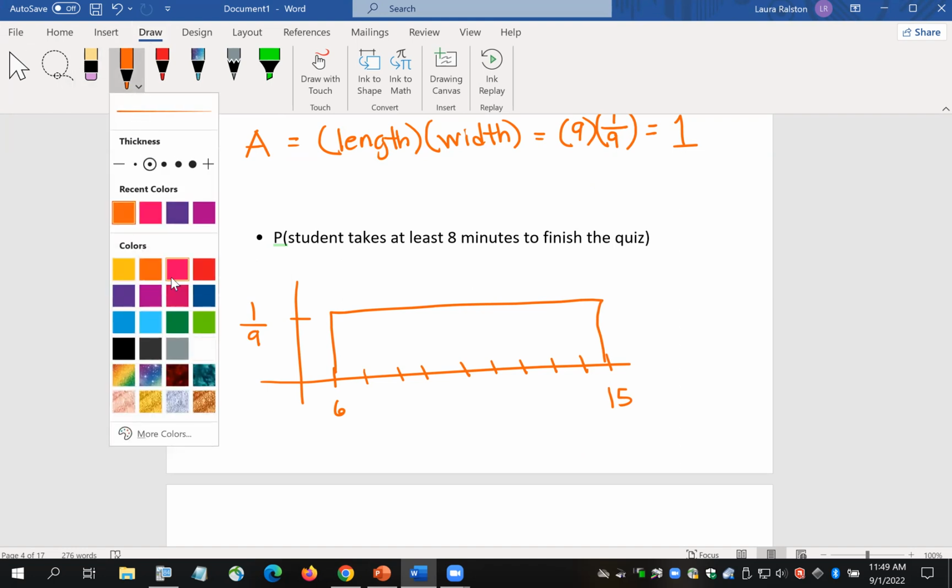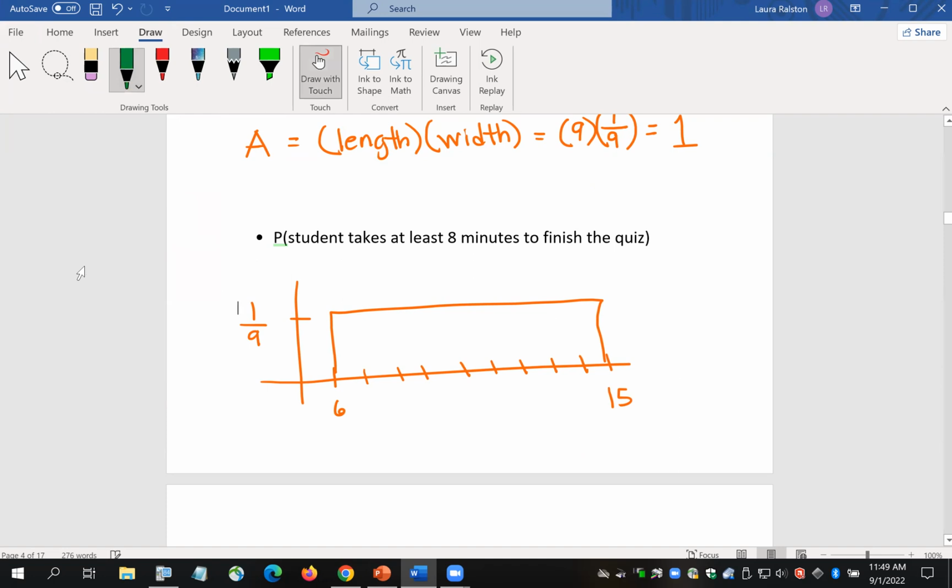Okay, so this question says, what is the probability it takes at least 8 minutes? Now, again, you have to know how to interpret at least. At least means it is equal or more than 8 minutes. So if I look at my graph, here's 6, 7, here's 8.